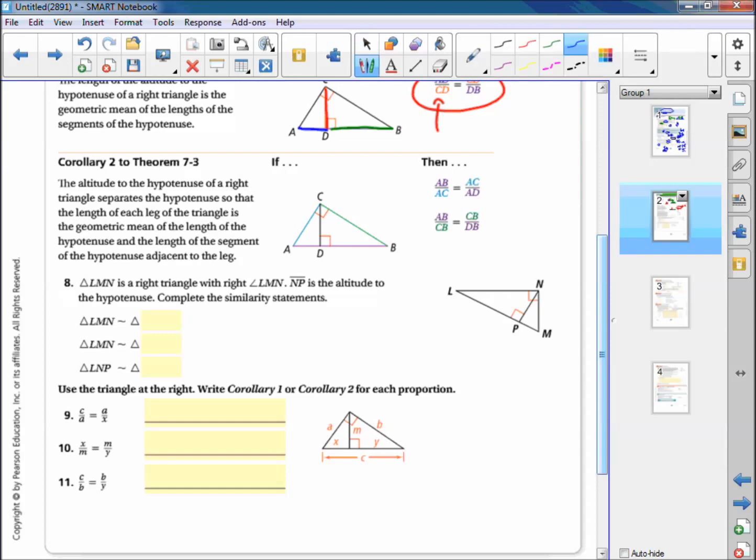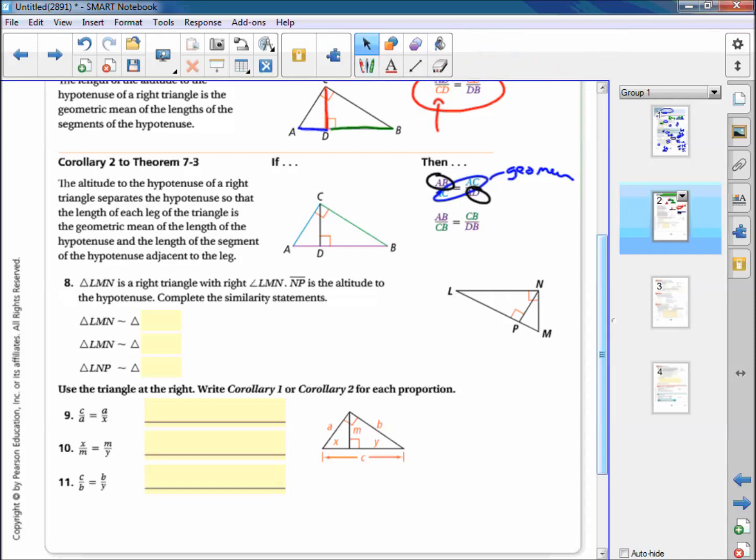If we look at this leg over here, AC, then AC is going to be the geometric mean. Notice it's used twice. Okay, of the whole hypotenuse. Okay, that's AB, and the little piece of the hypotenuse that's cut off on that same side as the leg. That's AD.